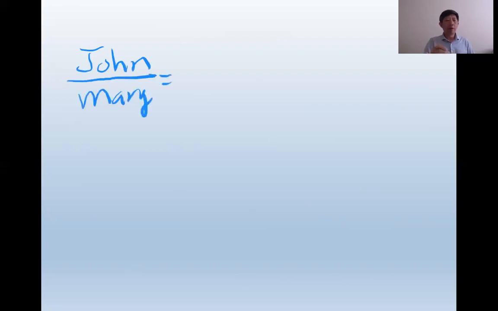All right, so now take a look. John's salary, Mary's salary, right? This is before the raise. So before the raise it is 3:4. I know Mary's is 4,000. But what about John? I don't know. Put an X. Now we have 2 ratios, right? Can we cross multiply? Yes.